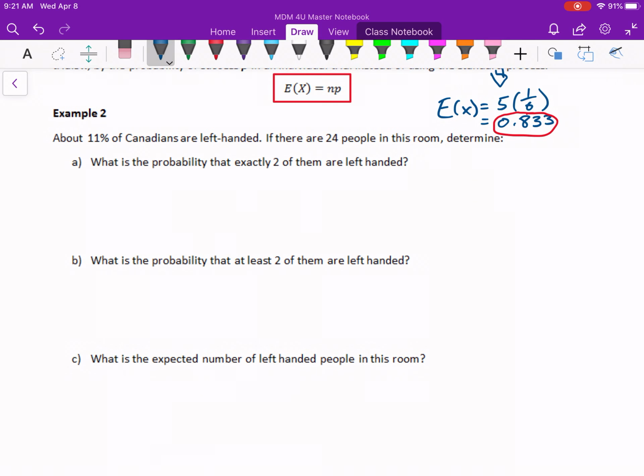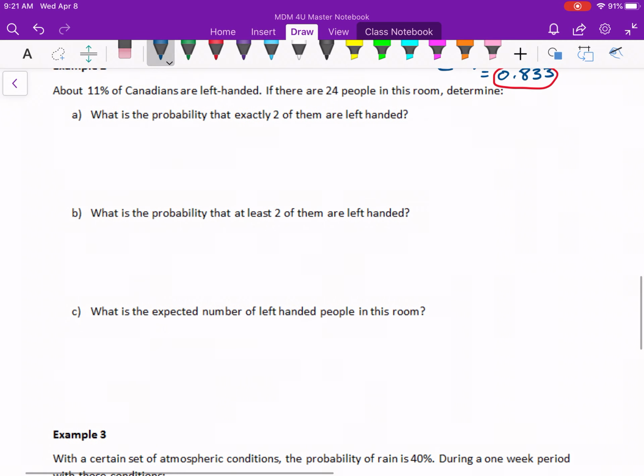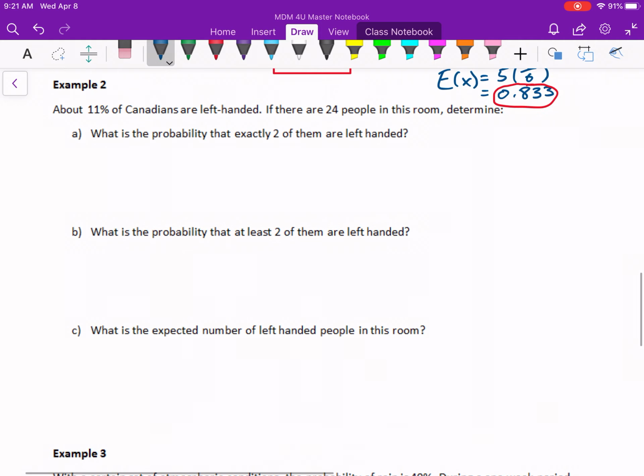So we're looking for people who are left-handed. So being left-handed is success, right? We're counting left-handed people. So every time I find a left-handed person in this experiment, I've been successful. So x, the random variable, is the number of left-handed people.